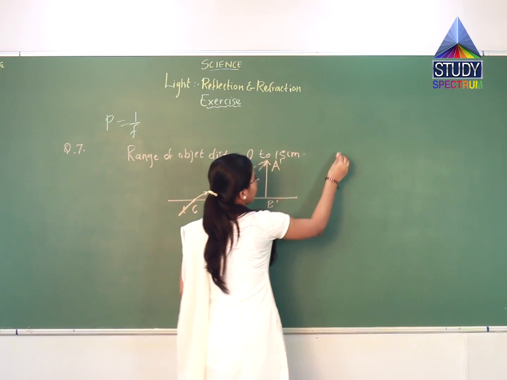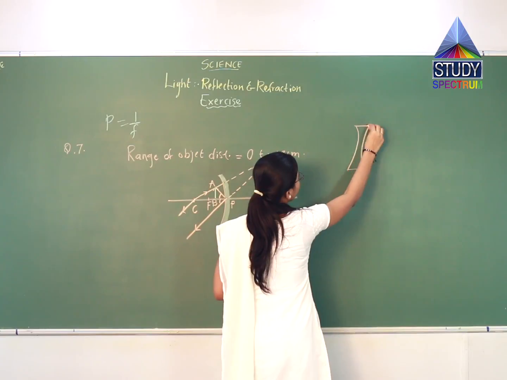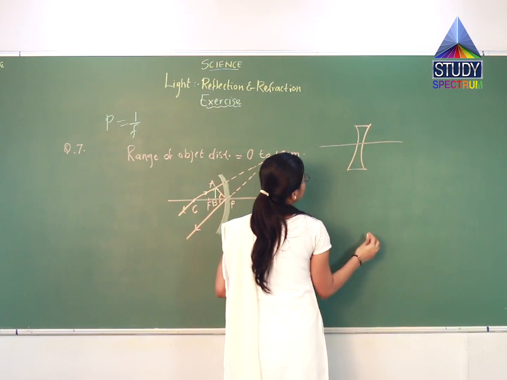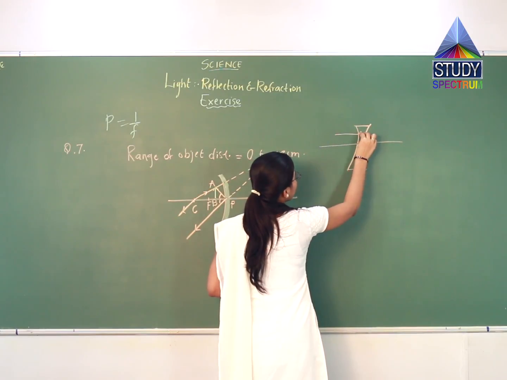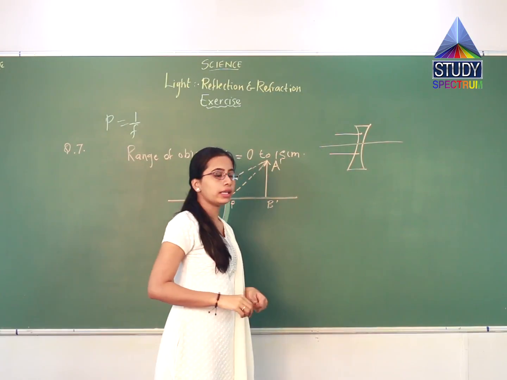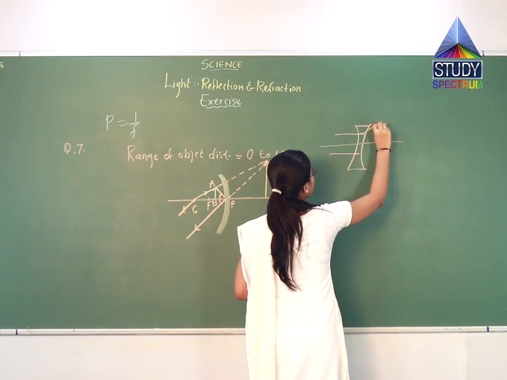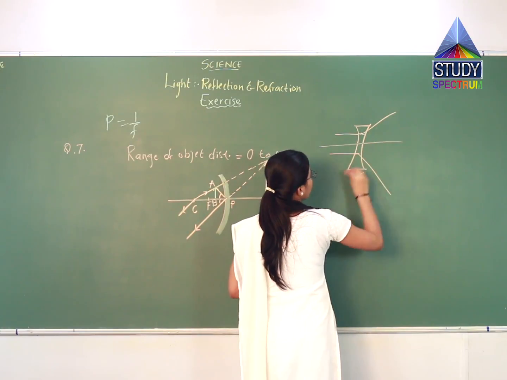Suppose this is the concave lens here. This is the principal axis. Then the rays which fall parallel on the lens get diverged like this.